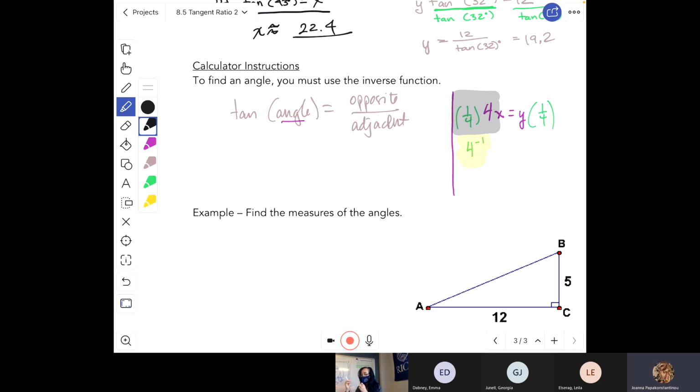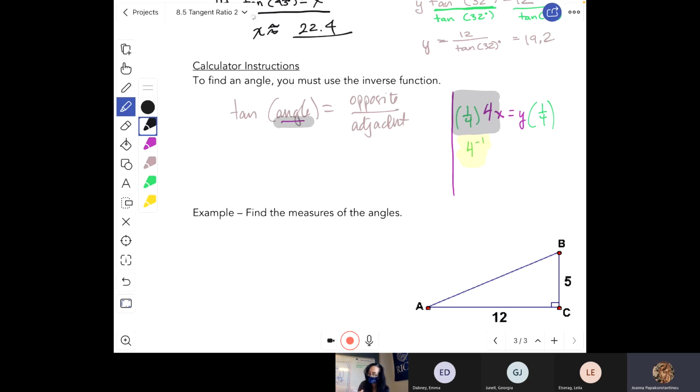Now, the reason I bring that up is because to solve for this angle, I have to get rid of that tangent. Technically, that tangent isn't multiplied by the angle. The angle is the input to the tangent.